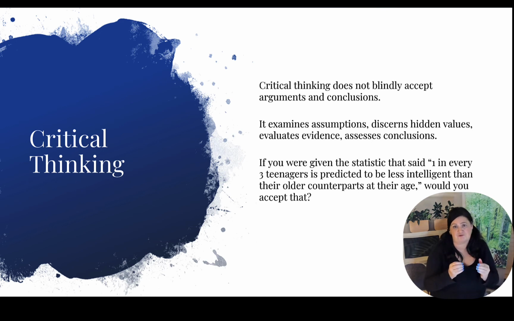Here's an example. So, if you were given, say, a statistic that says 1 in every 3 teenagers is predicted to be less intelligent than their older counterparts at their age, which is yours now. If you're watching this, you are a teenager because you're taking my AP psychology class. And this statistic is saying that you are said to be dumber than the people older than you are now when they were at your age.